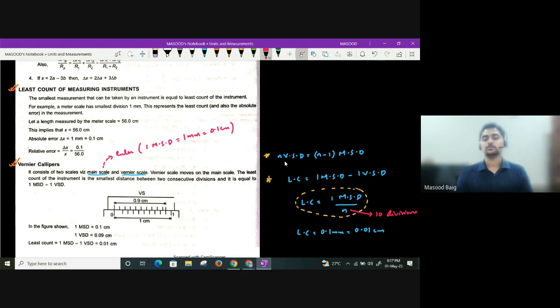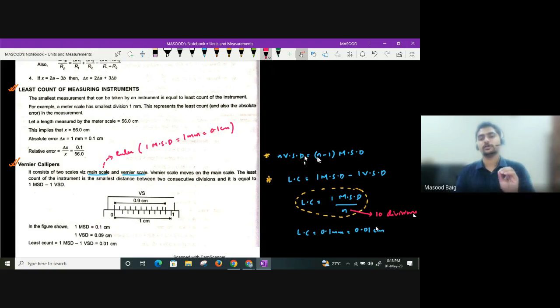Sometimes they'll give you, in reality, 20 divisions on vernier scale should coincide with how many divisions on main scale? 19 divisions. That will be a normal vernier caliper, guys. However, if 20 divisions on vernier scale are coinciding with 18 divisions, then it will be an abnormal vernier caliper. Again, in reality, there is no term called a normal vernier caliper or abnormal vernier caliper. Just to make you understand, I am using those terms, guys.